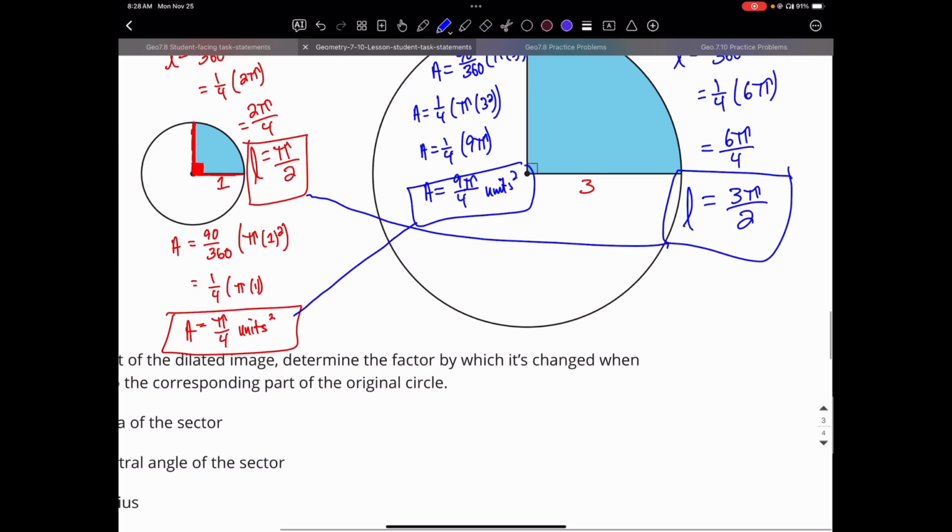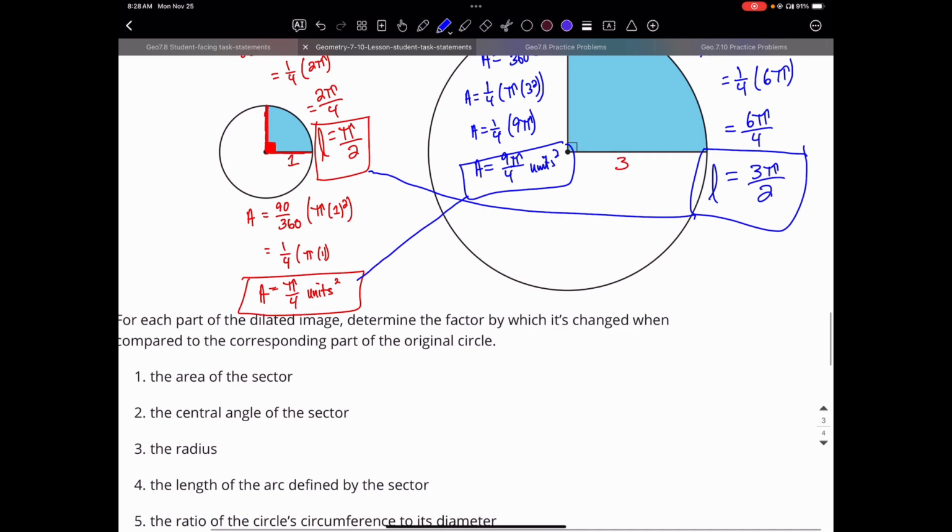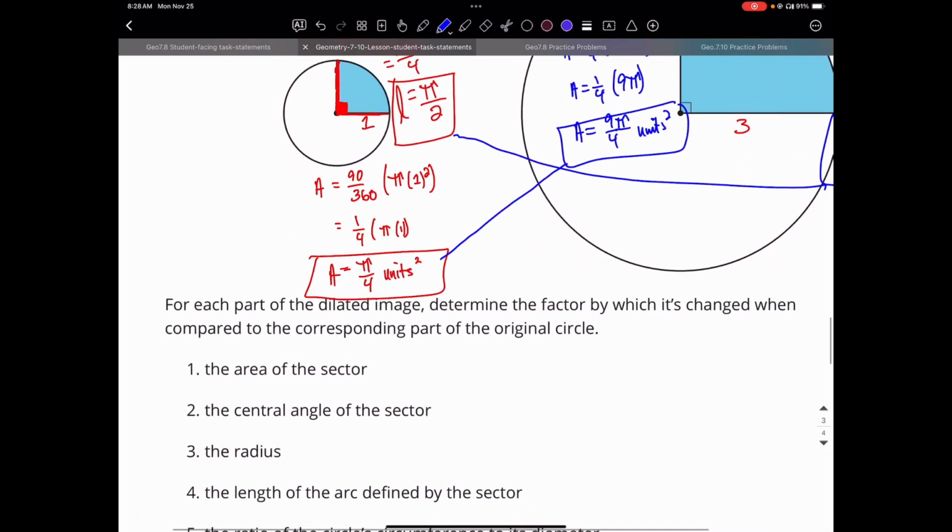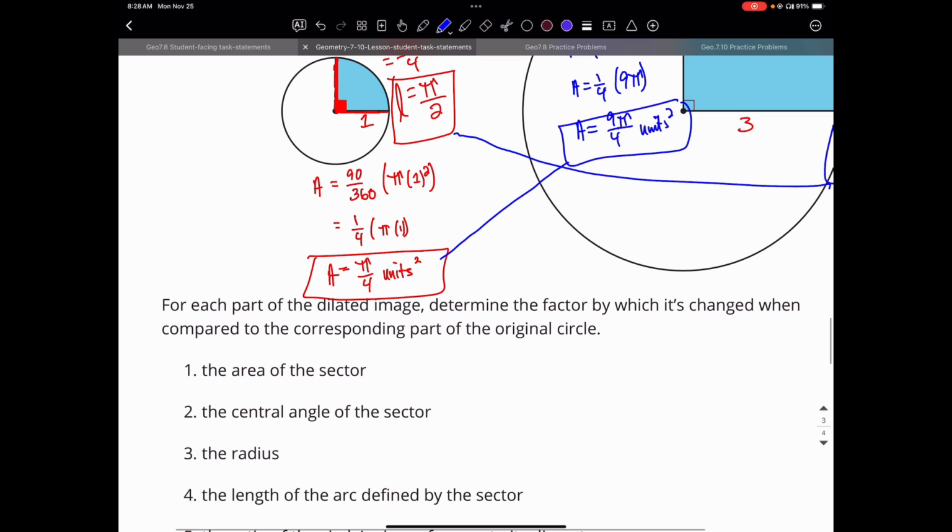So now I want to compare the two. So the areas of the sectors of the smaller was pi over 4 units, but the second one was 9 pi over 4. So that's an increase of 9 times, right?